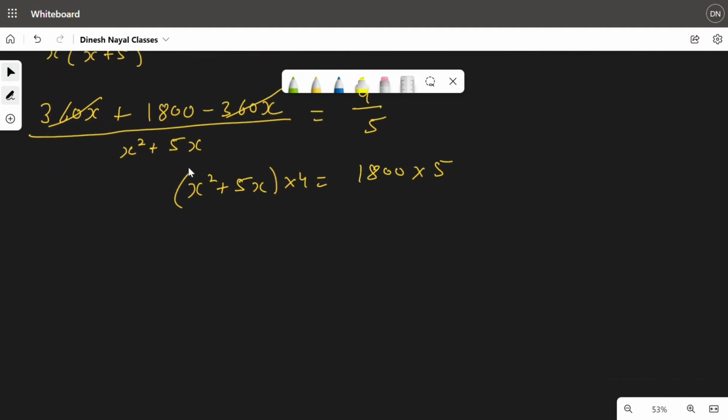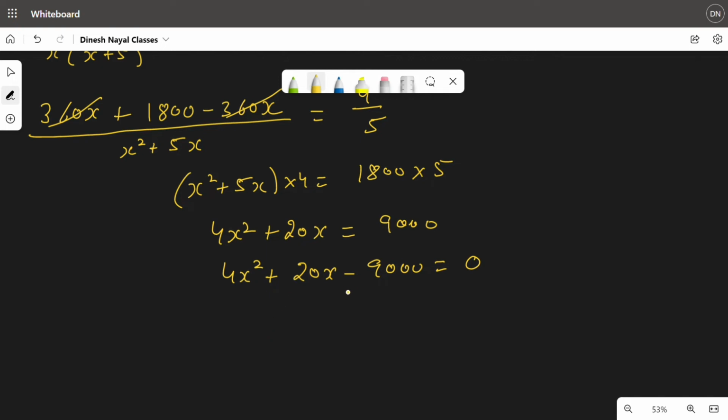So now this will be 4x square plus 20x equals 1800 into 5, which is actually 9000. So now you can write 4x square plus 20x minus 9000 equals 0.